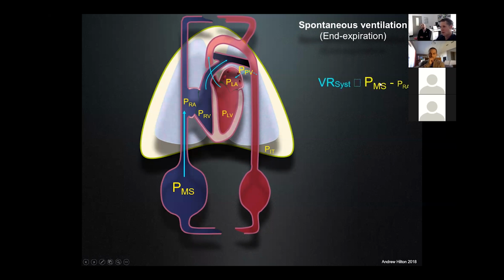Normally the pressure in the IVC, or the mean systemic filling pressure, minus the right atrial pressure gives you your venous return to your heart. The venous return from your pulmonary system is going to be the pressure in your pulmonary vein minus the left atrial pressure. And again, that's got to be higher than that to cause flow.